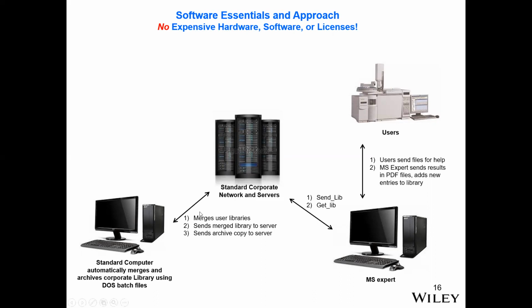And every night, it merges the user libraries, also takes out things that have been incorrectly added. It'll refresh that too, sends the merged library back to the server, and also puts a timestamp on an archive copy. So if you want to go back a couple of days because you took out something by mistake, it's still there. So that happens automatically.